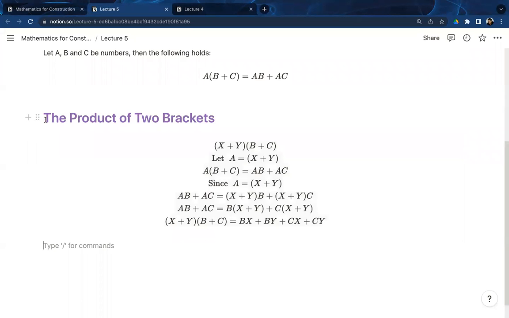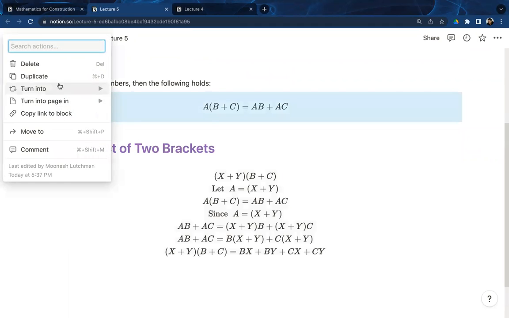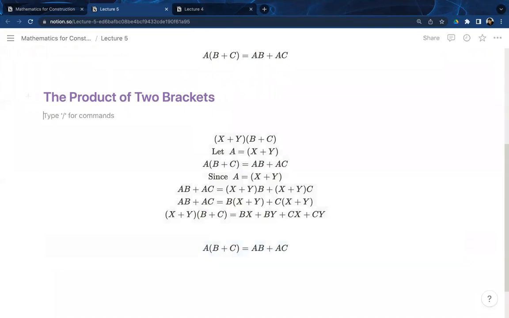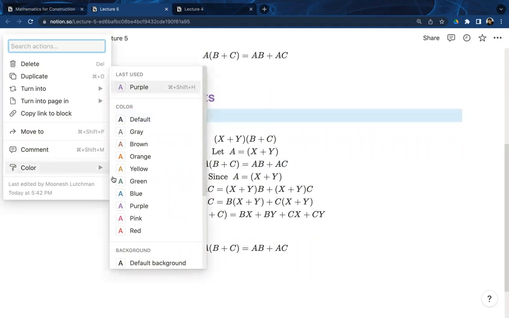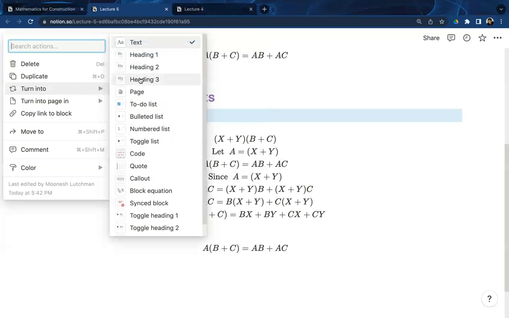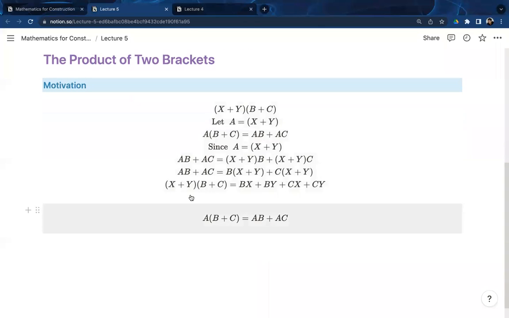We could try a different example. So there's the motivation behind it here. I could do some examples.